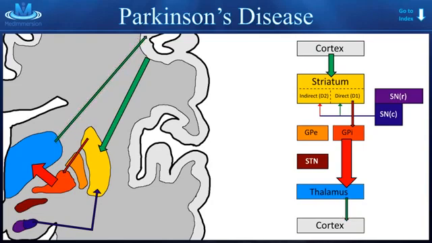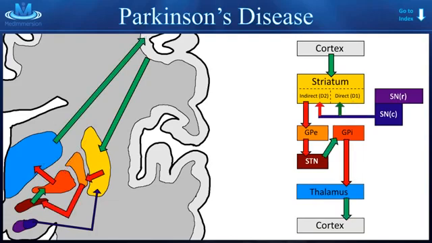Moving over to the indirect pathway. The indirect pathway also receives less dopamine. However, because these are dopamine 2 receptors, that means this pathway is not inhibited as much. Therefore, because it's not inhibited as much, it has a stronger signal come out of it, which happens to be inhibitory.